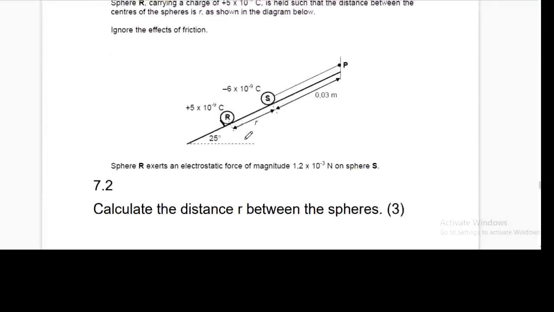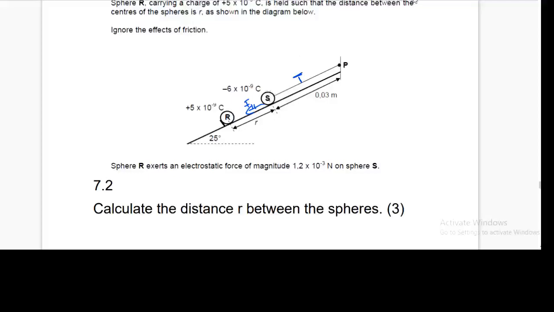We have a beautiful scenario there. Here we have two charges. This one is experiencing tension T. It also experiences gravitational force parallel to the incline, and it experiences electrostatic force as well.